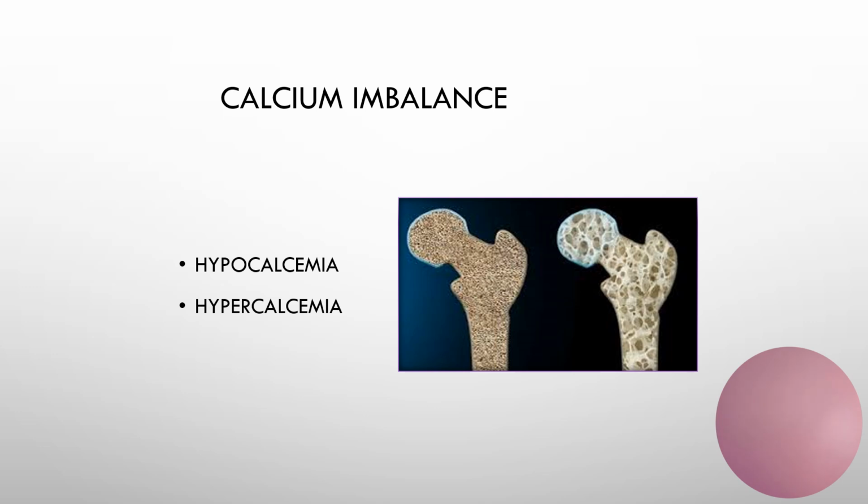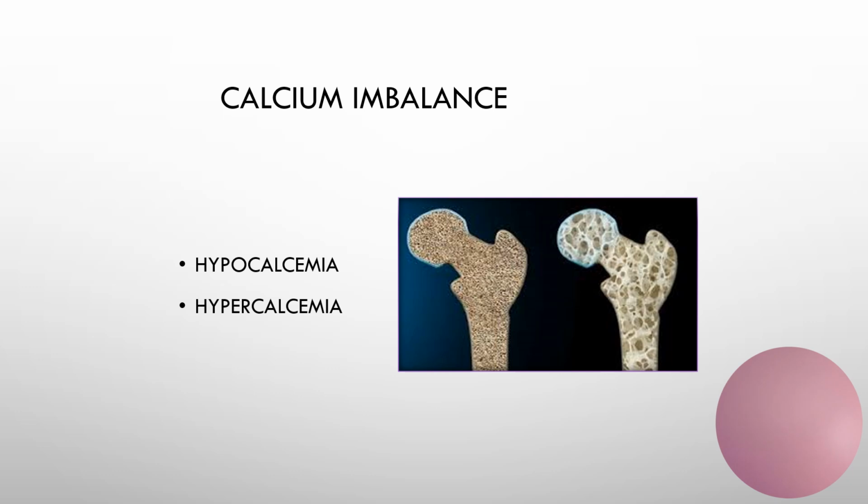Calcium absorption will be dependent on having an adequate availability of vitamin D. If we don't have enough vitamin D in our body, then our bodies are not going to absorb calcium as well as it should. So with hypocalcemia, the causes of hypocalcemia, we have that vitamin D deficiency.